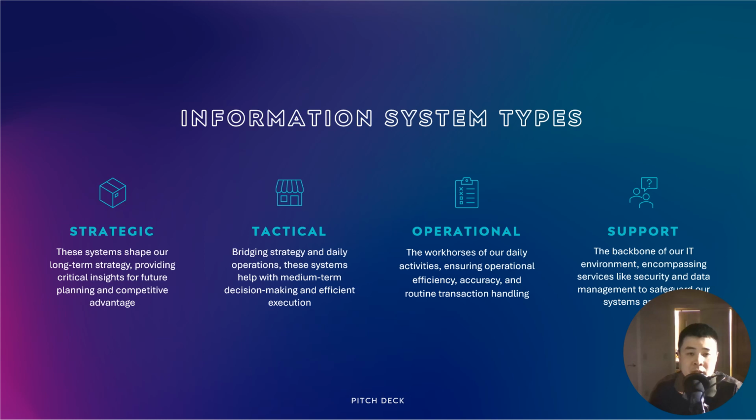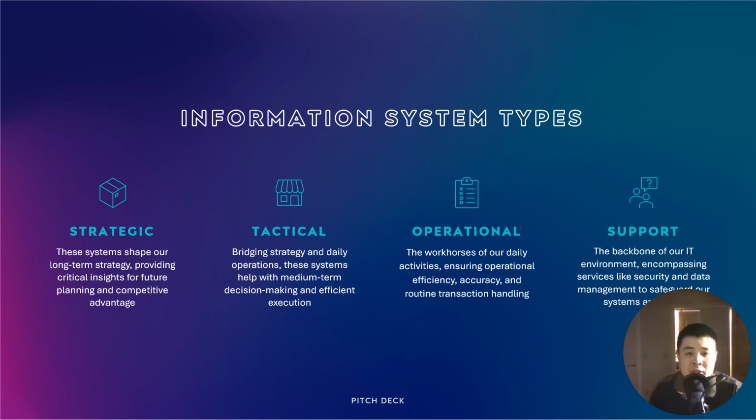Next, we have the tactical information systems. These systems are instrumental in bridging the gap between strategic planning and day-to-day operations. They help in making decisions related to medium-term goals and resource allocation, ensuring our strategies are executed effectively.